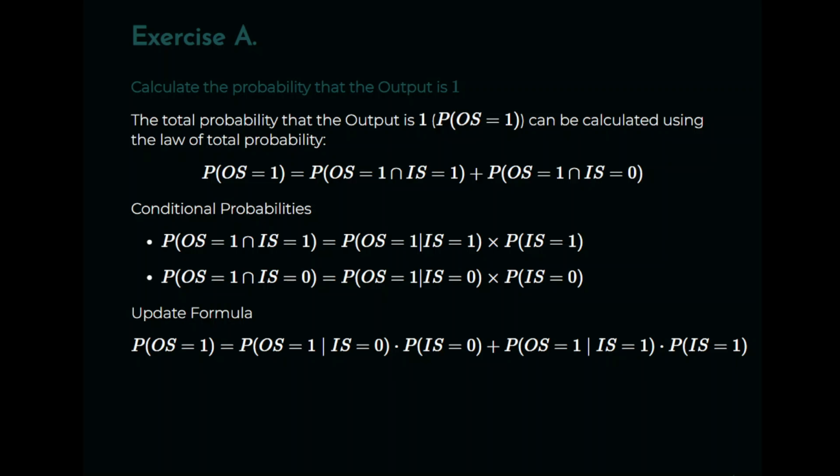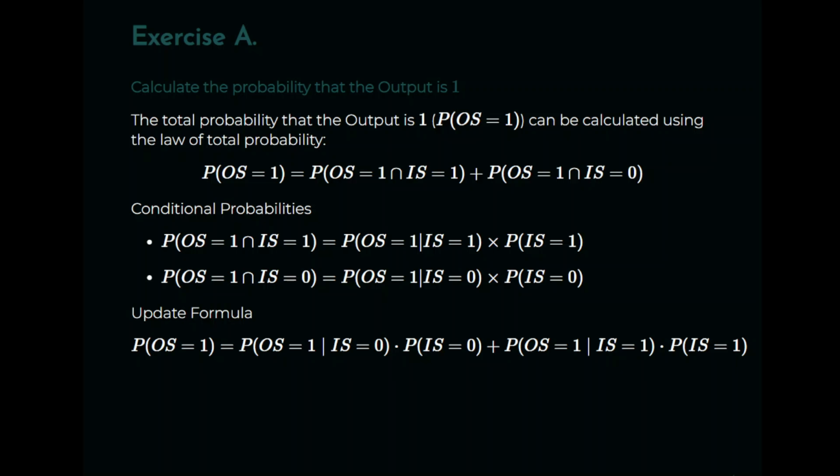So what we have to do here is use the total probability law. The total probability that the output is 1, probability of OS equal to 1, can be calculated using the law of total probability. So probability of OS equal to 1 equals the probability of OS equal to 1 and IS equal to 1, plus probability of OS equal to 1 and IS equal to 0.